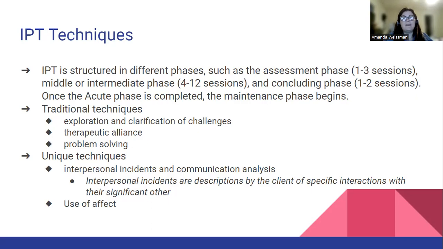So, for example, a therapist might ask the client, tell me how you're feeling right now as you're describing how you yelled at your partner during your last fight. Having completed a thorough communication analysis and exploring the client's affective states, probably from there you would problem solve ways to generate change and devise strategies for better communication from there.